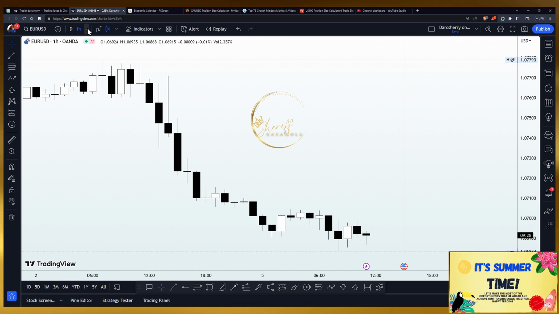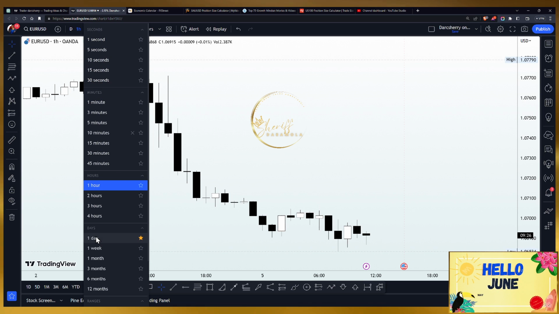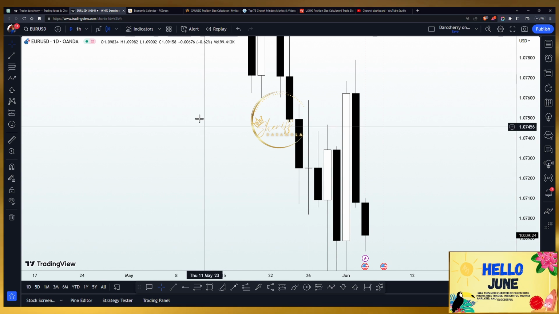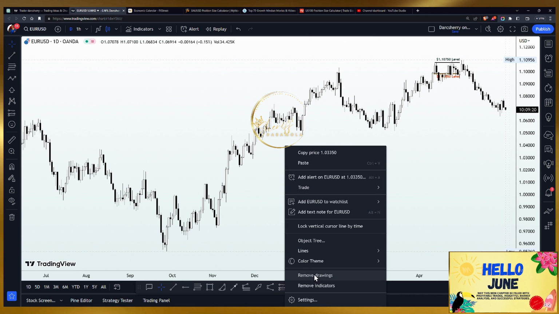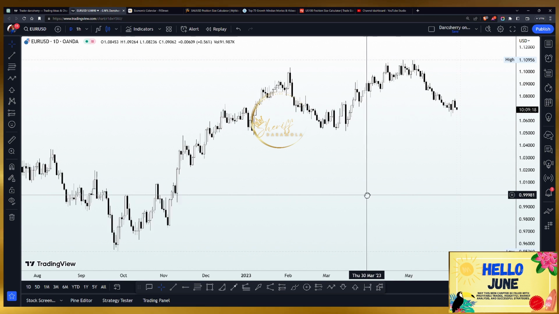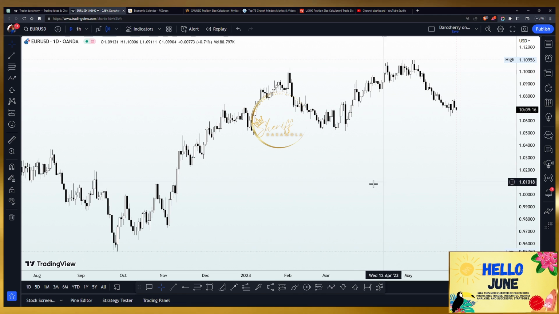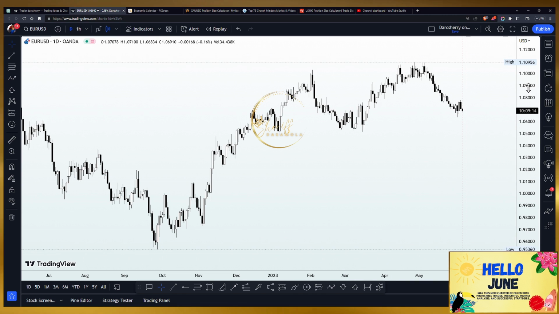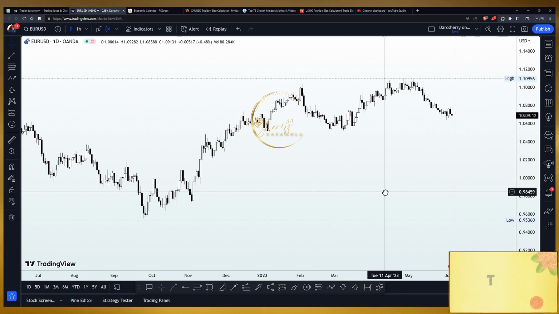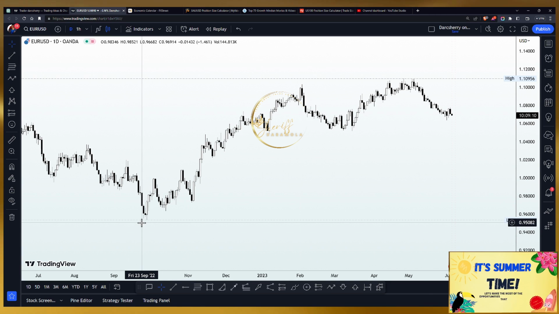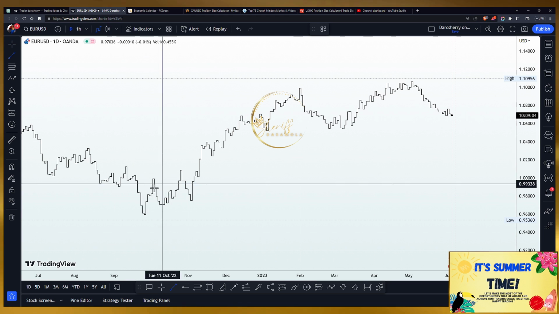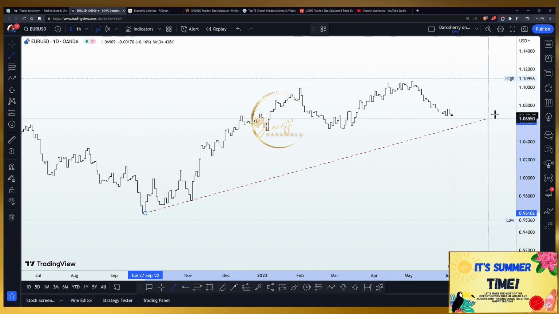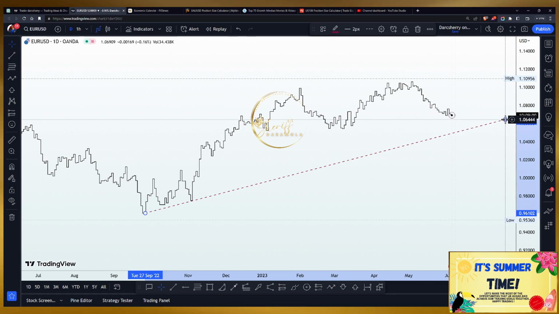As usual, the first thing we are going to be doing here is to keep tabs with the higher time frame. We want to see things from a long-term perspective, which will give us an idea into what is really going on in this market. Now, if we look at the daily time frame here, it is quite obvious that since the last quarter of last year, price action has been bullish, and when we connect the series of higher lows, we have a beautiful trend line that you can see here.